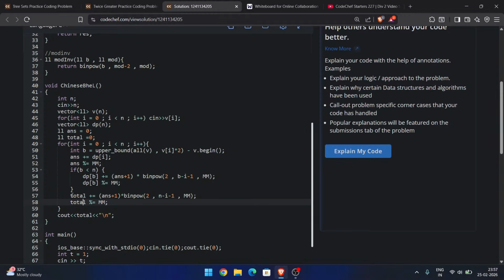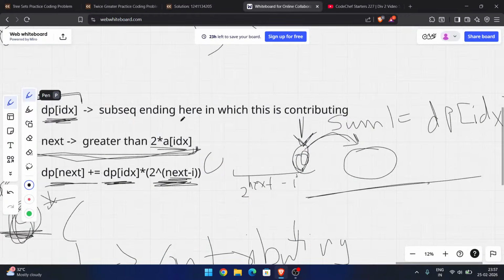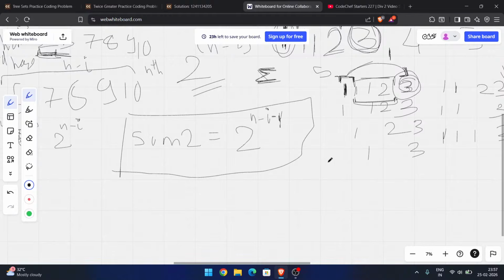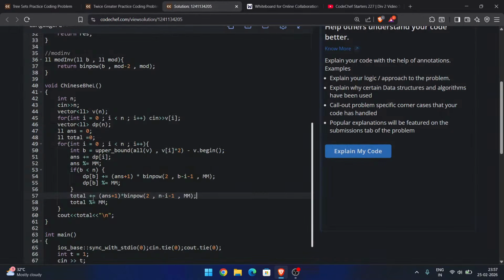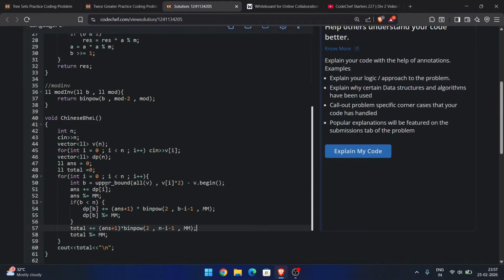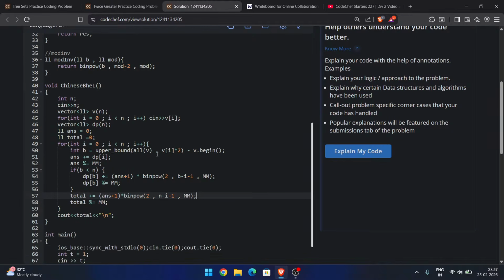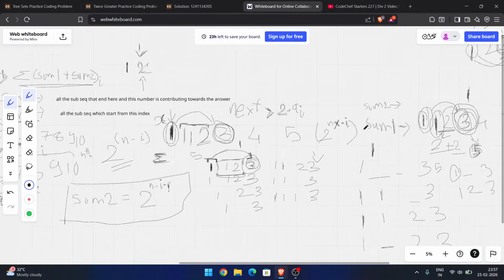Okay, so I am adding this. What is this? This is our sum 2. So I am adding this sum 2. And I am finding the upper bound, and to that index I am doing this, which I have shown.